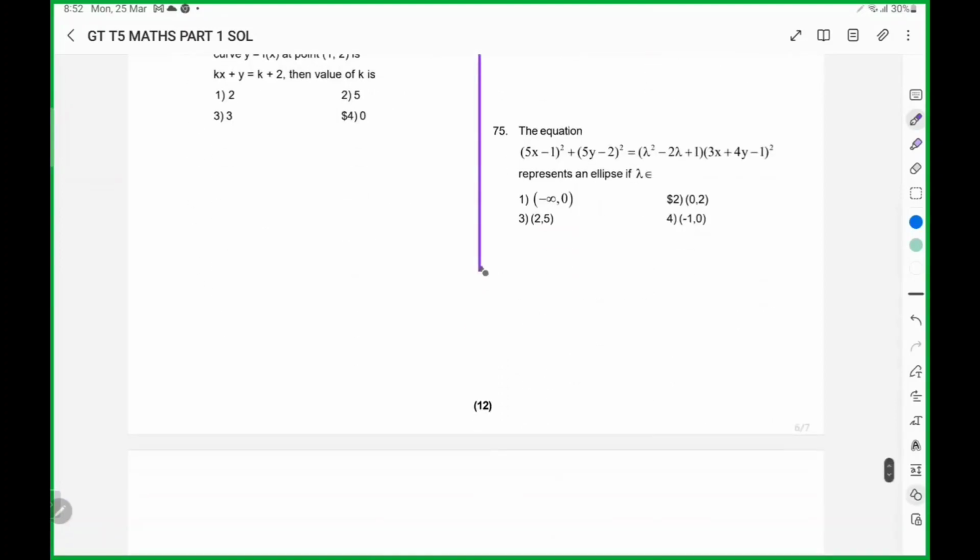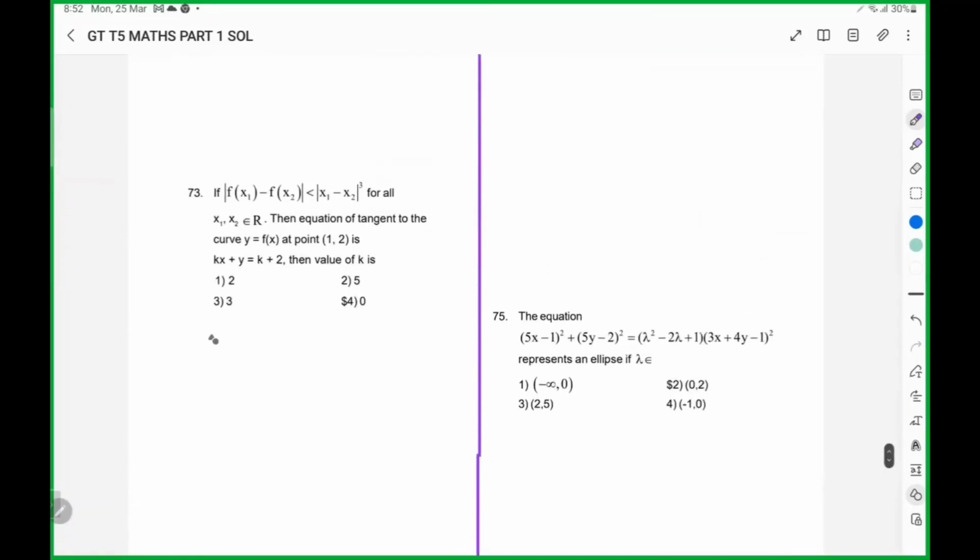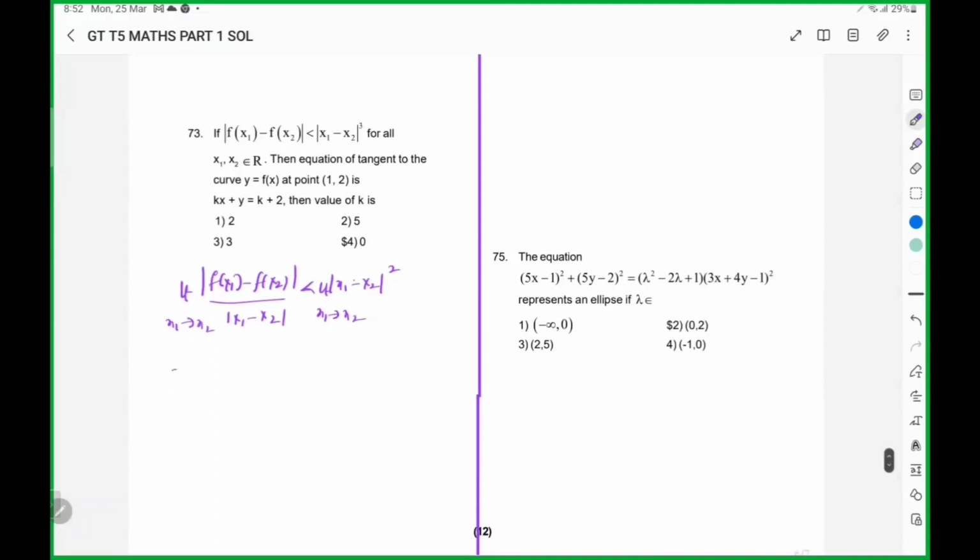Here it is. F of x1 minus f of x2 by x1 minus x2, modulus, is less than x1 minus x2 whole square. Take modulus, already there. Limit x1 tends to x2, applying both sides. So this is the basic definition of derivative.